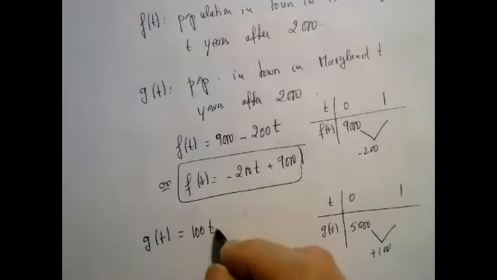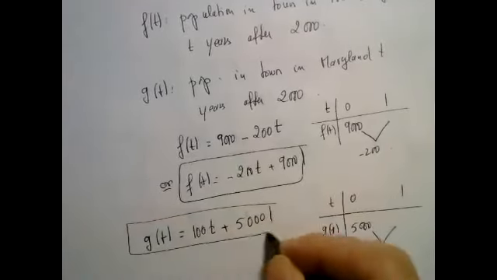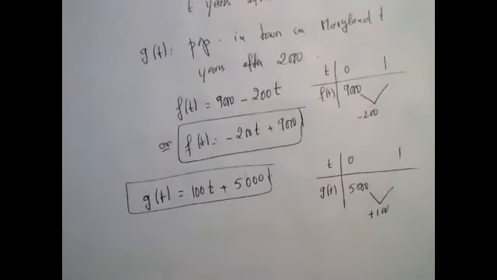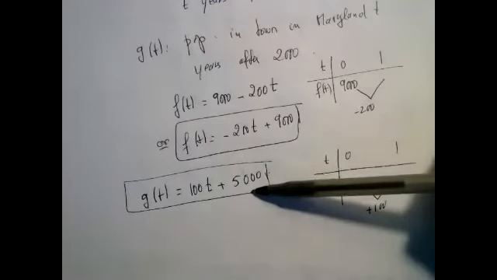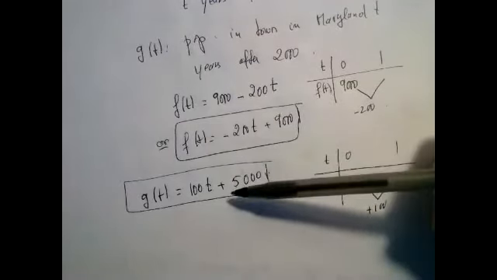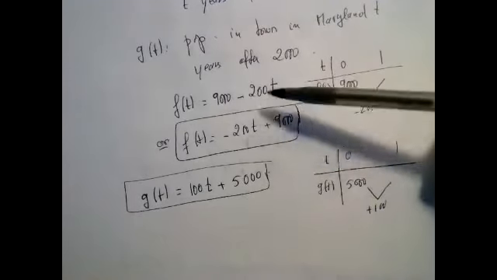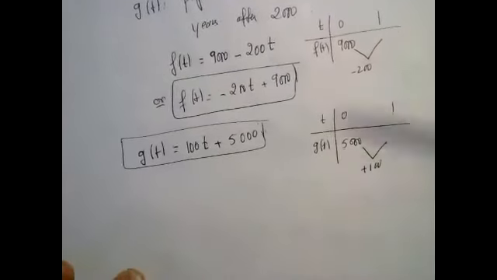So it's 100t plus 5,000. So this is the formula. Okay, so the question is, at what time will we have more people in Maryland than we will have in New Jersey? So how can we solve this problem?